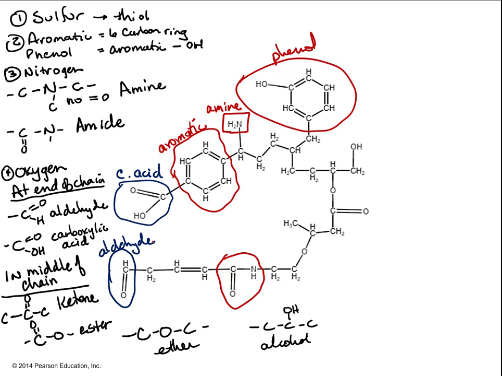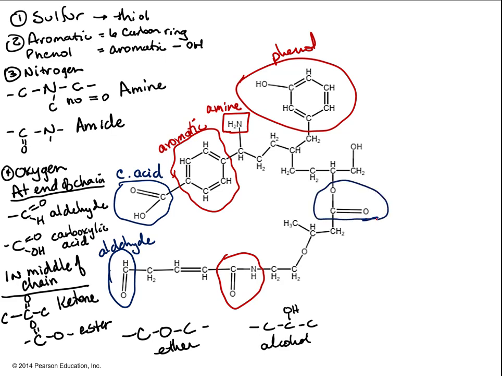Find another oxygen. There's one in the middle. So this one? Okay. So where's that one? So look at the carbon that double bond oxygen is connected to. Does it have any other oxygens connected to it? Yes. So that means that this is a whole group.